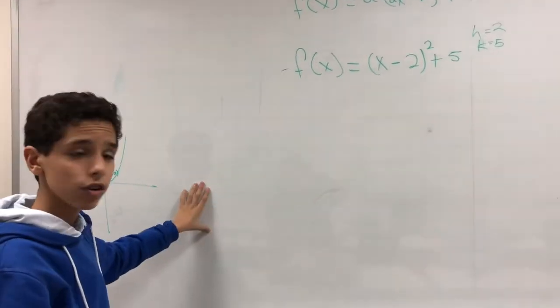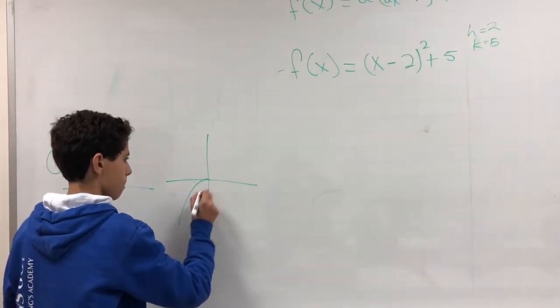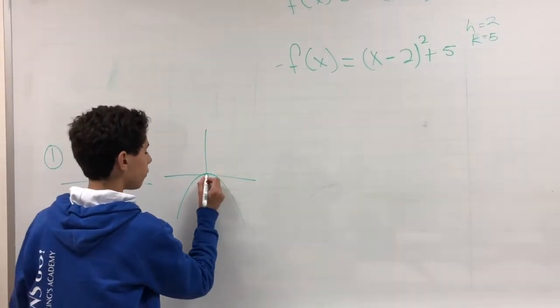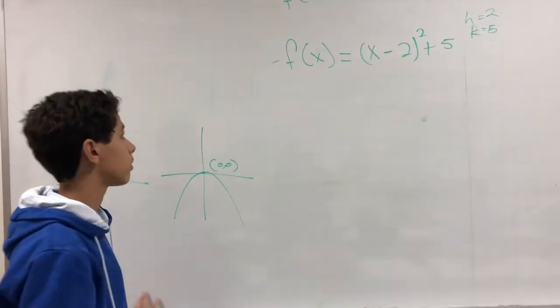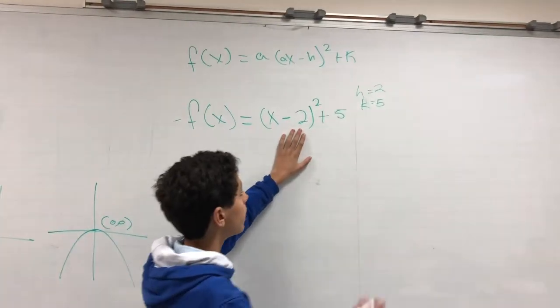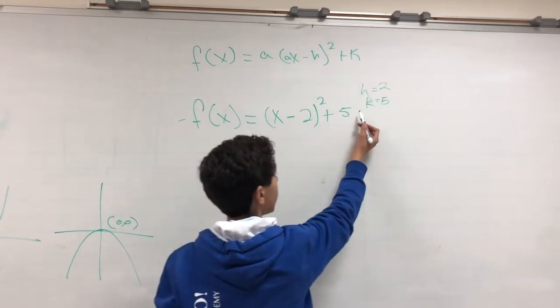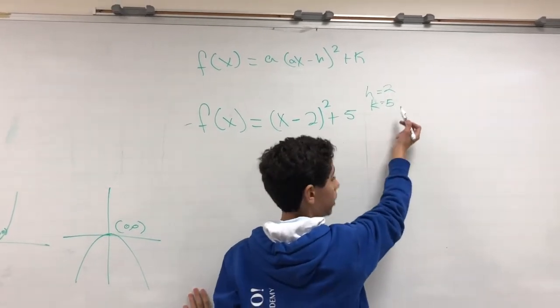So now let's start drawing the first part over here. And at the same time, we also have an origin at (0, 0), which is the vertex of the function. Now we can find over here that the h value is equal to 2, and the k value is equal to 5. So we're gonna move 2 units to the right and 5 units up.